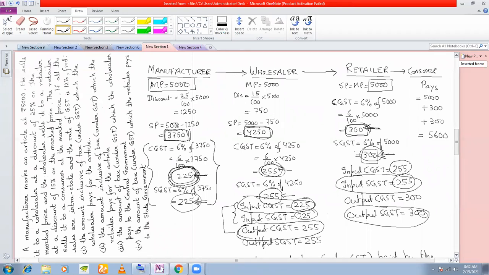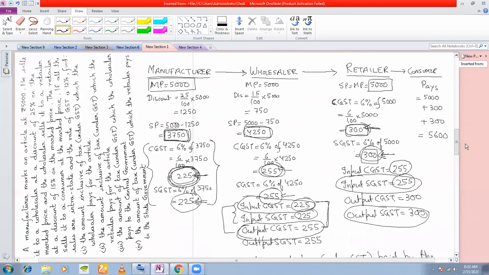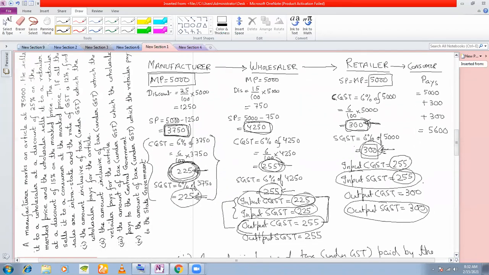The difference of his output and input: 255 minus 225. And how much is the retailer giving to the central government?